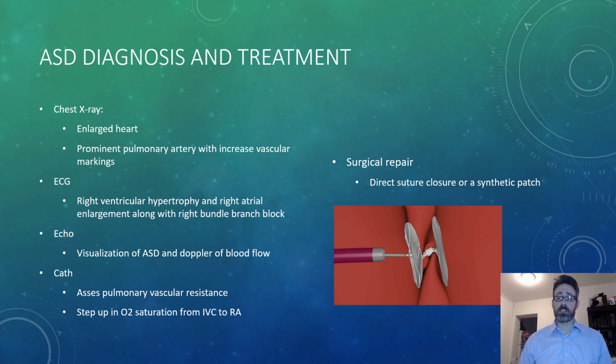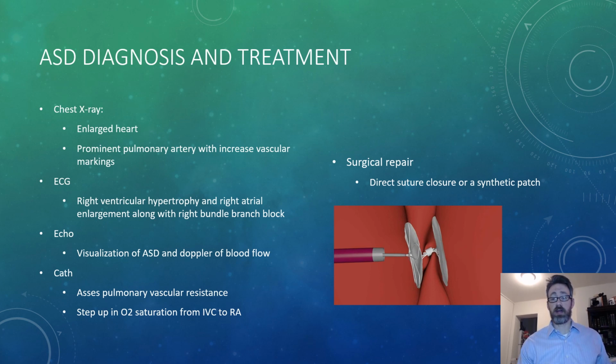In terms of diagnosis and treatment, I'm just giving you a list here of some of the diagnostic modalities that we use. Chest X-ray could show an enlarged heart silhouette based on the right ventricular hypertrophy or atrial hypertrophy due to volume overload, and a prominent pulmonary artery with increased vascular markings due to the congestion within the lungs. The ECG could show right ventricular hypertrophy and right atrial enlargement.